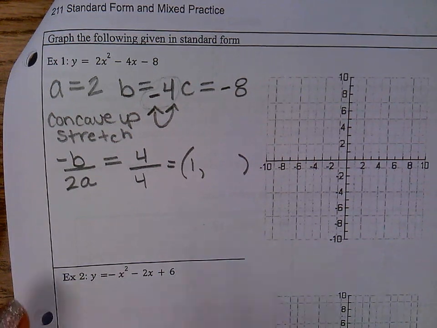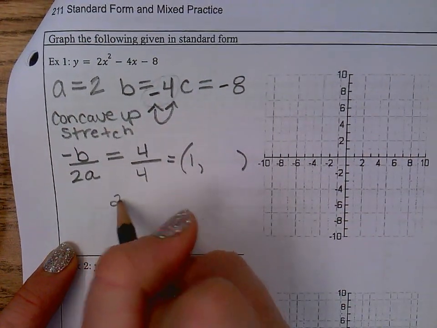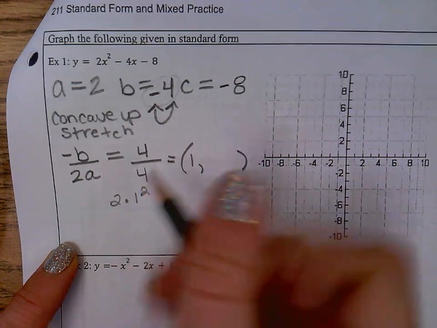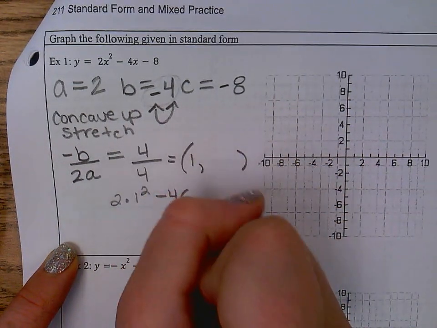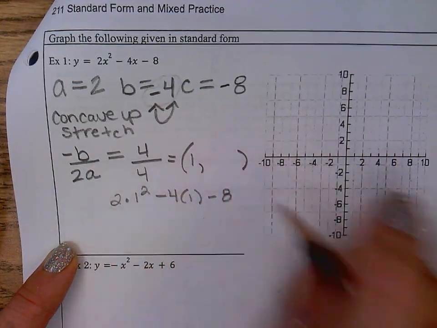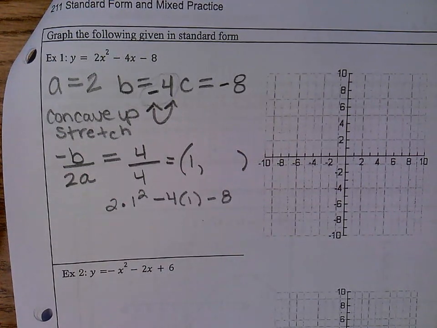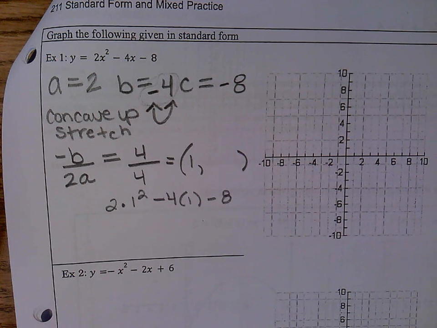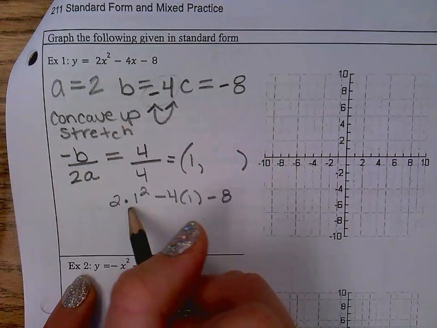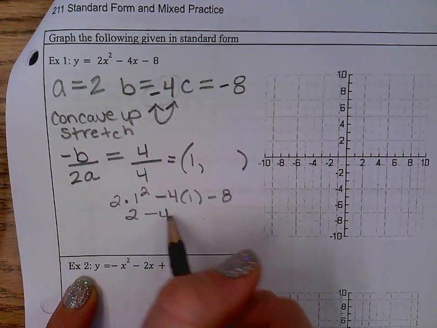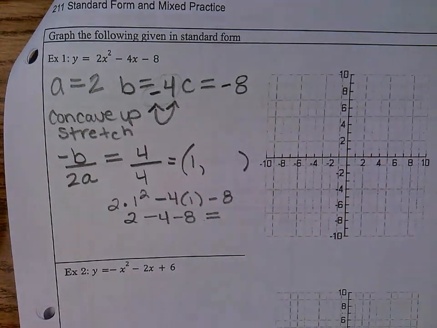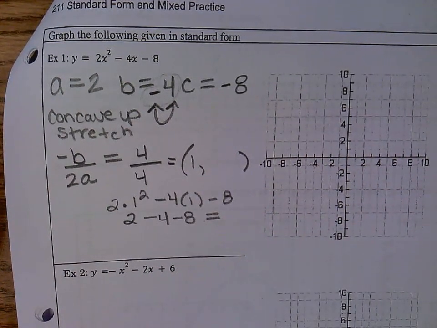So when I plug it in, I'm doing 2 times 1 squared minus 4 times 1 minus 8. Don't be tempted to do 2 squared. The 1 is getting squared, then you're multiplying by the 2. So you get 2 at this step, minus 4 minus 8. What is 2 minus 4 minus 8?